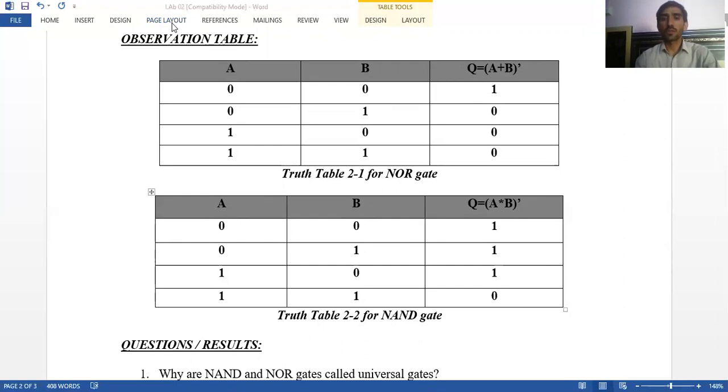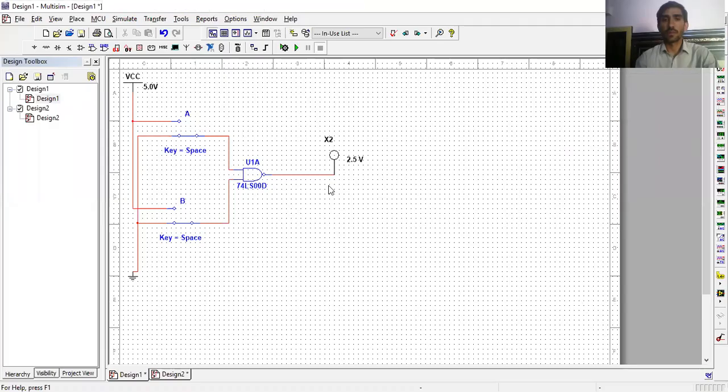I'm also going to show you the Simulink of NAND and NOR gates. This one is the Simulink of a NAND gate using the NAND gate and 2 switches, 1 VCC, 1 ground and indicators. When both are connected with the ground, meaning 0, 0, then output will be 1.